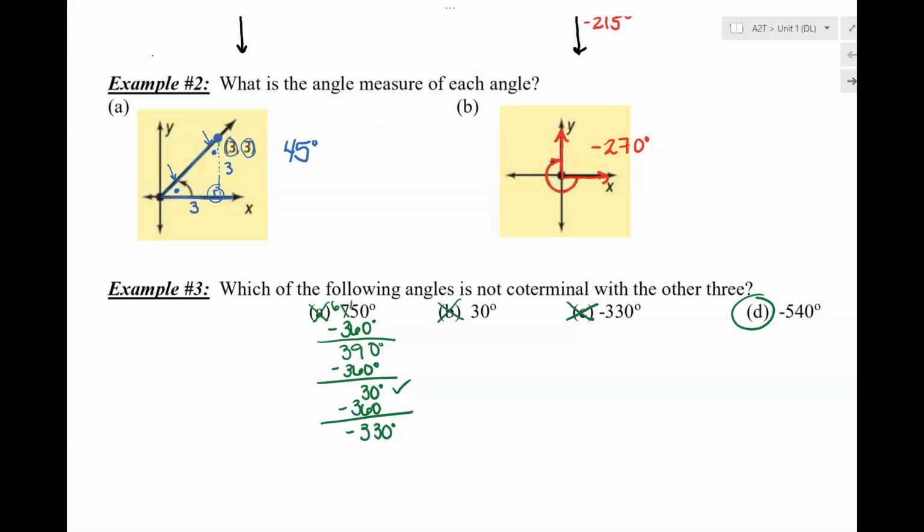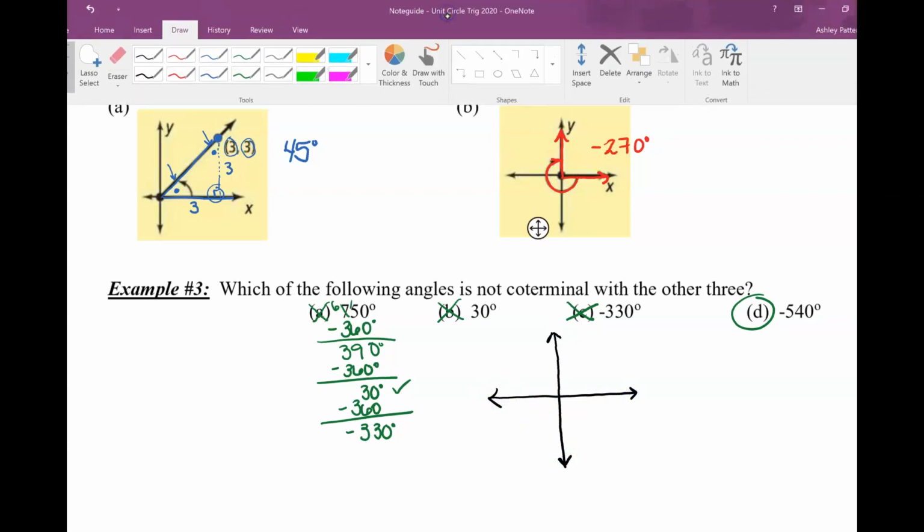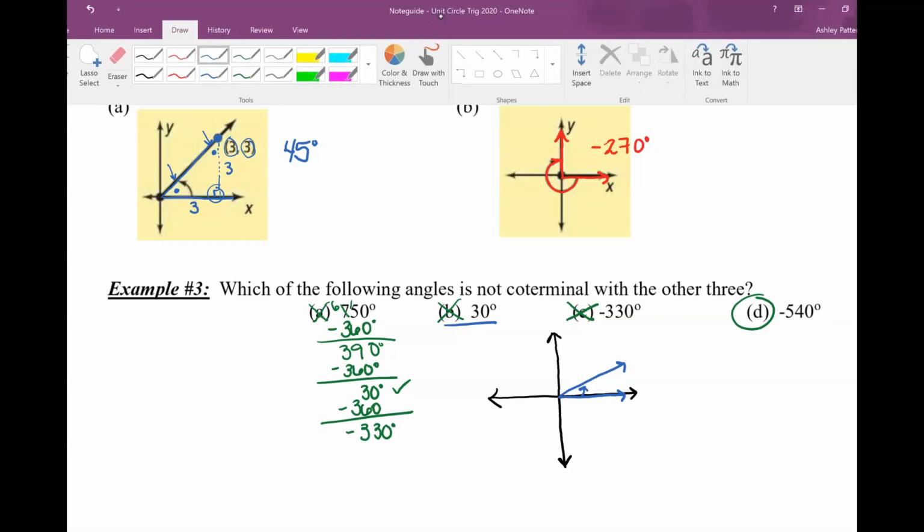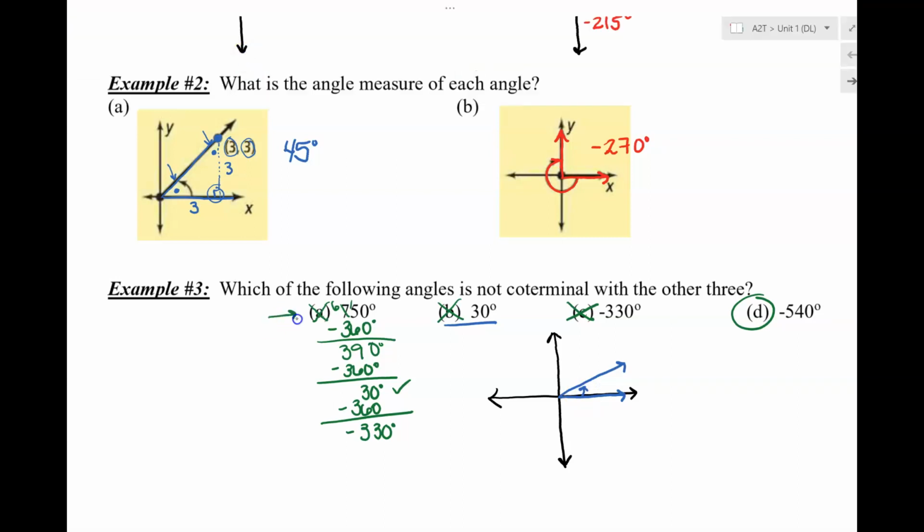What does that look like? It looks like this. If I draw my axes, we'll do the first one in blue. Here is a 30-degree rotation. Now we'll do this one in green.